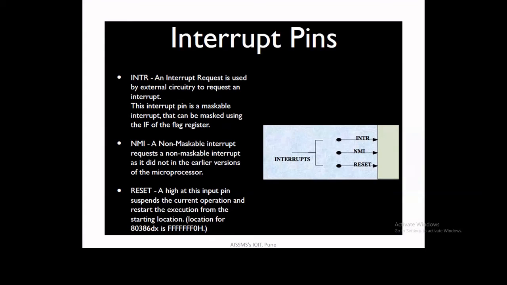As its name says, this non-maskable interrupt has to be executed by the processor. The processor time has to be given to this non-maskable interrupt, and the processor executes it, and after execution of this non-maskable interrupt, the processor can resume its current work.